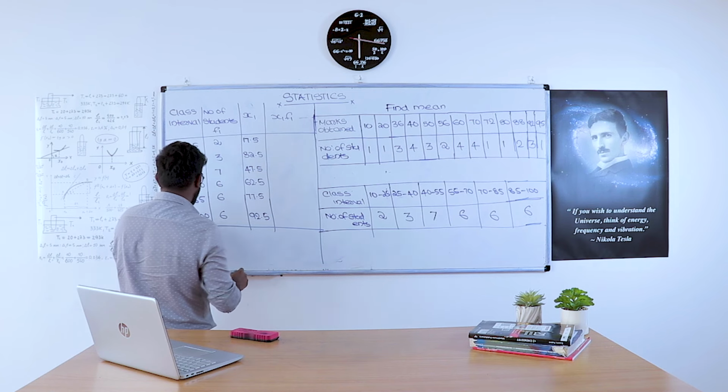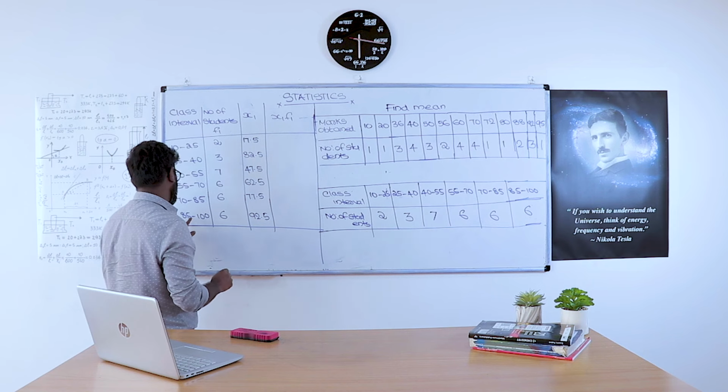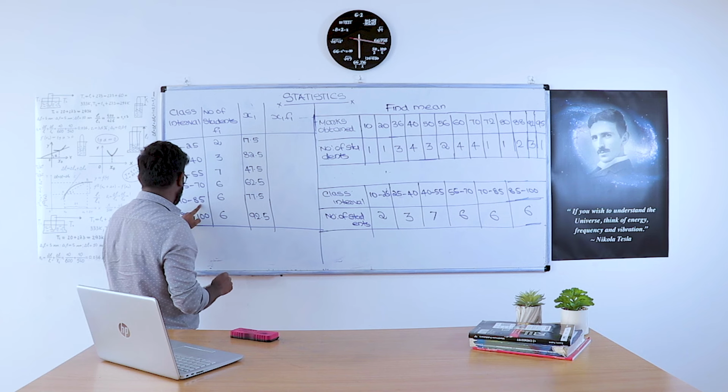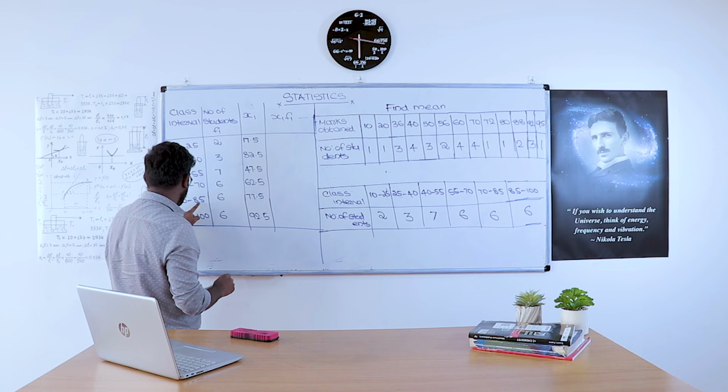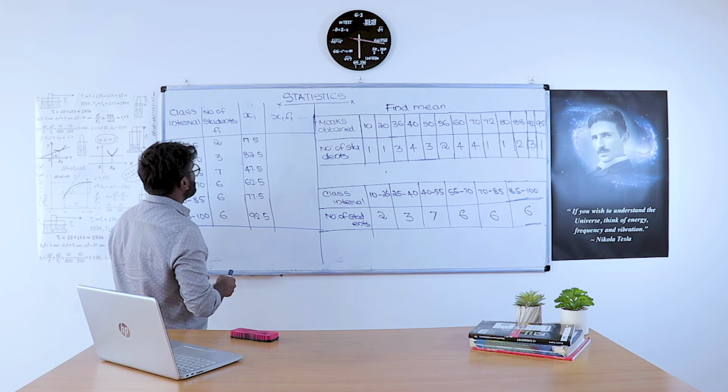Is it correct? 180 by 2 is 90, 5 by 2 is 2.5, so 92.5. Correct. 150 by 2 is 75, 75 plus 2.5 is 77.5. Correct. So we want to find the value of xi fi.